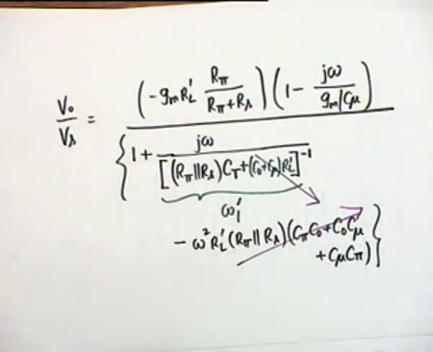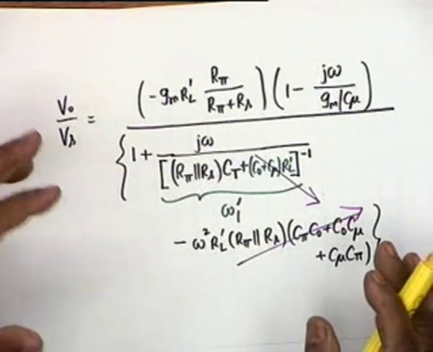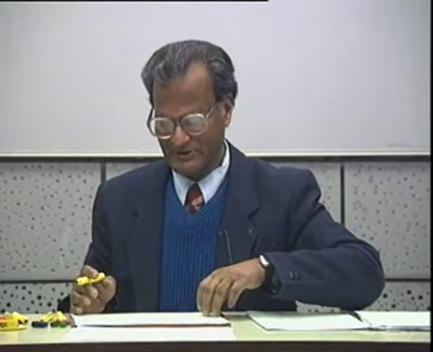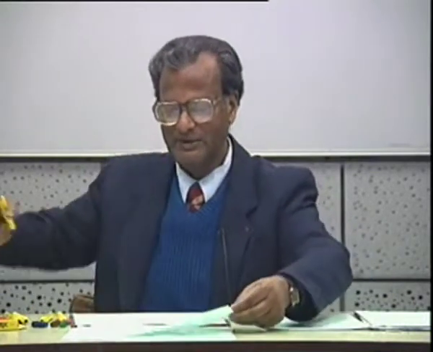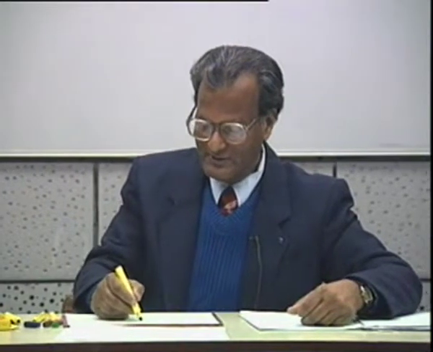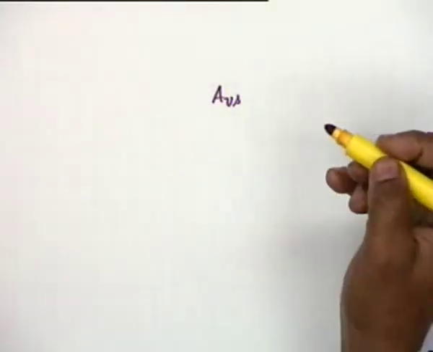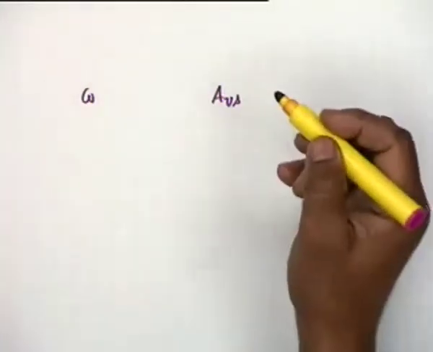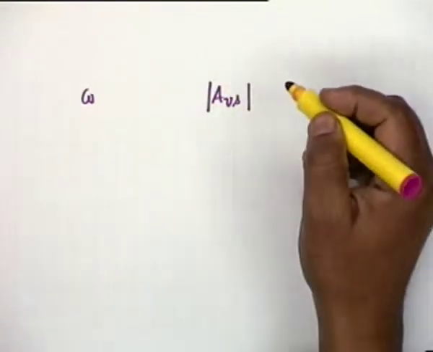Before we find out the condition under which this can be ignored, let us take the exact expression and substitute the numerical values and see what sort of approximation you get. These have been calculated, and the values of AVS have been found, the total expression, not the magnitude.